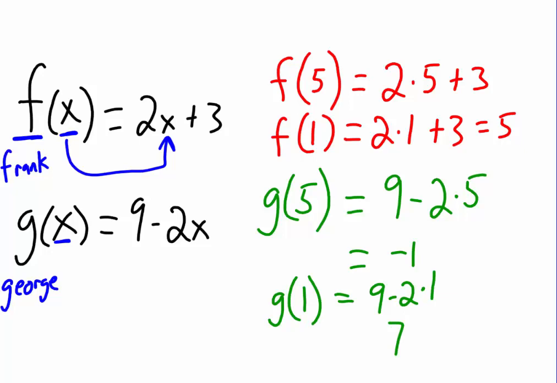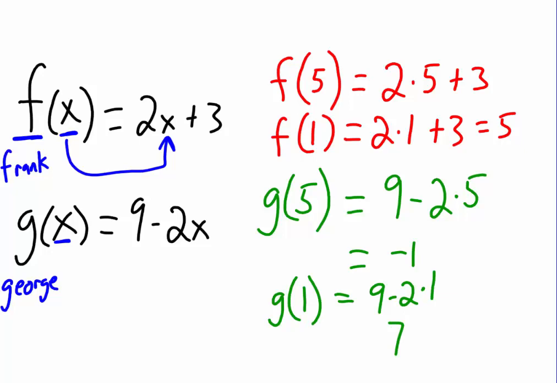Or in other words, we're using F and we're using G. Then the thing inside the parentheses just tells you what you are going to put in place of the variable. And so f of 5 just means we're going to take the number 5, we're going to substitute it in place of the x in the f function.